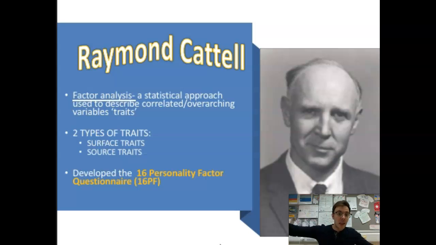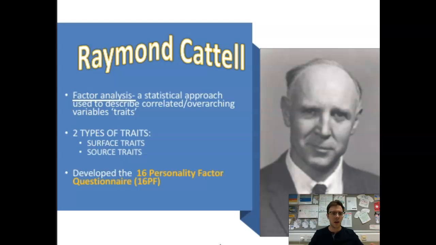And then eventually that would lead to fewer. He would actually get it down to the 16 personality factor questionnaire, the 16 PF, okay, which is used to assess personalities. And so during his research, he was using factor analysis to kind of simplify things, these overarching traits.